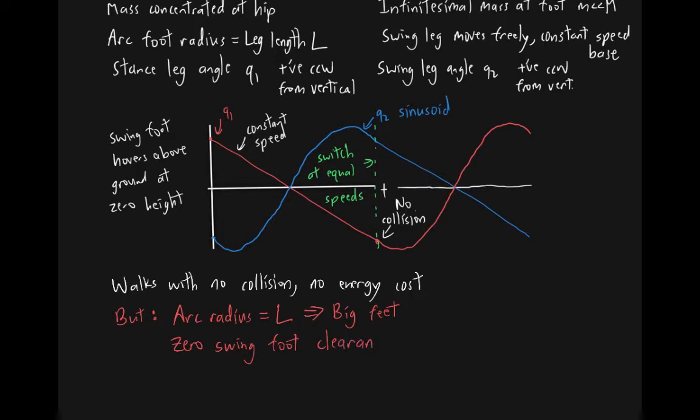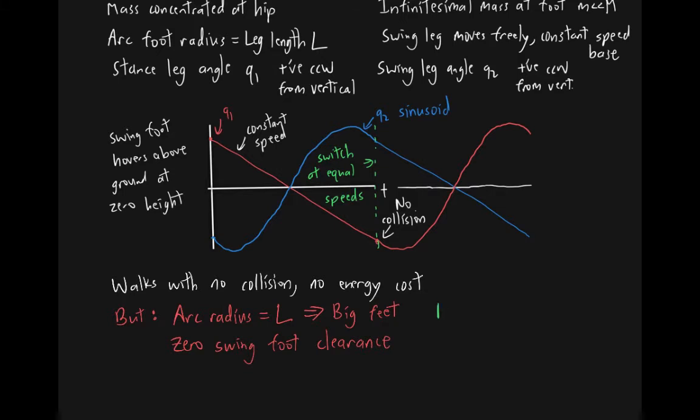We have the pelvis or the hip moving on a level horizontal path, and the swing leg also has an arc foot with the same radius. And so essentially we have zero height between the swing foot and ground, and so it's only our somewhat arbitrary decision to switch feet that actually changes the contact conditions.